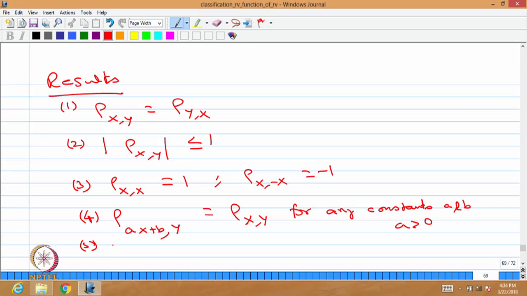again and again. As a fifth result, suppose the random variables x and y are independent.